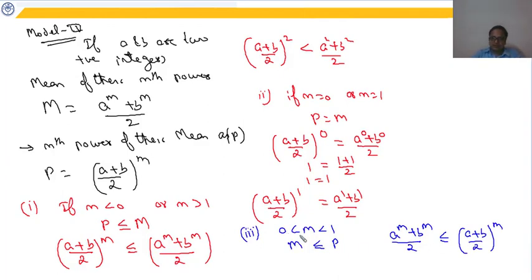So we had three cases. If small m is between 0 and 1, we had capital M less than or equal to P. It's (a to the power m plus b to the power m) by 2 less than ((a plus b) by 2) whole power m.